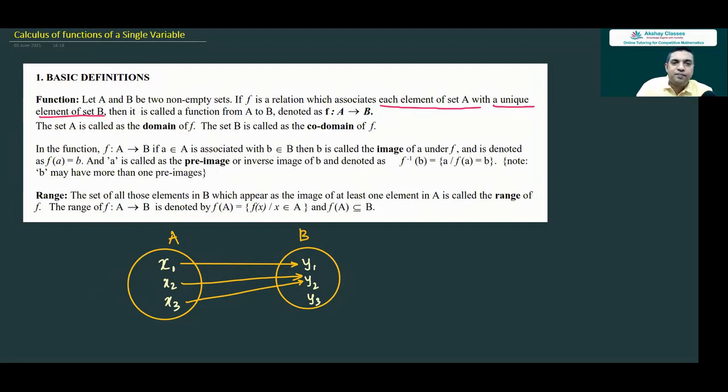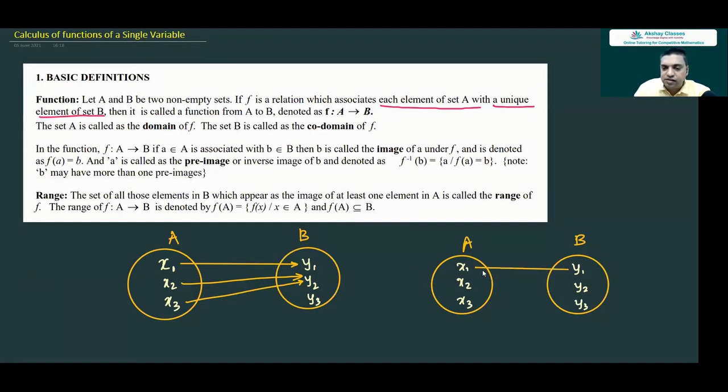It cannot happen that, with X1, X2, X3, Y1, Y2, Y3, you have X1 mapping to two elements in set B. If this happens, then it is not a function.